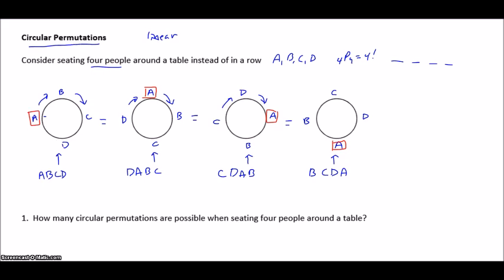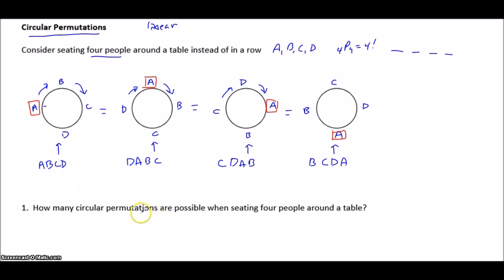So the question we're asking is, how many circular permutations are possible when seating 4 people around a table? If we were going to seat them in a row, we'd start off with 4 factorial as the number of possible arrangements before putting them in a circle. Then, as this diagram shows, we have to undo the fact that we get repeats when we put them around the table.